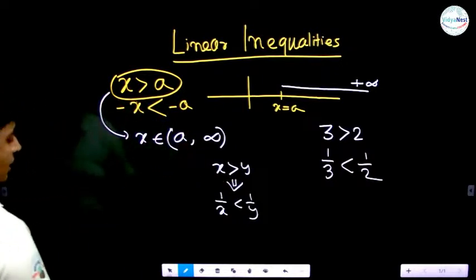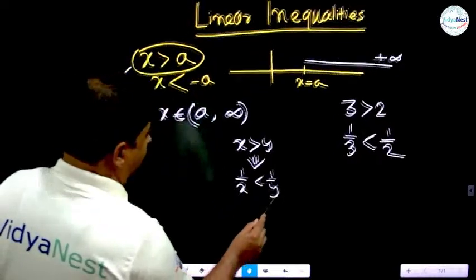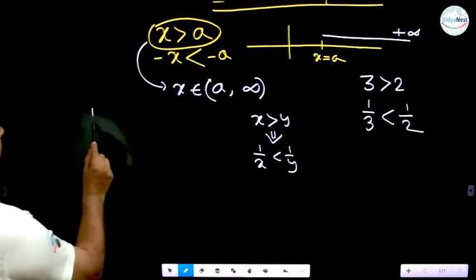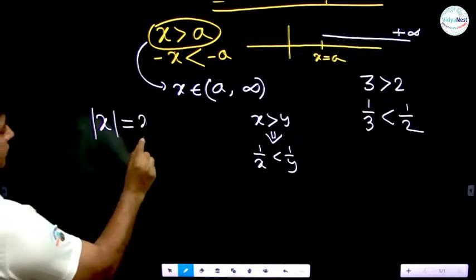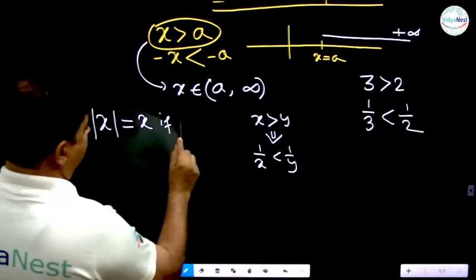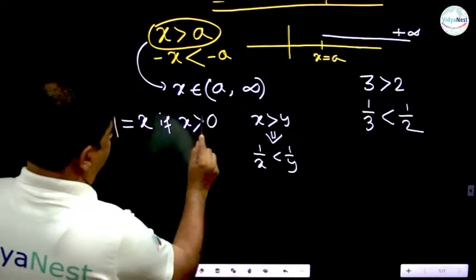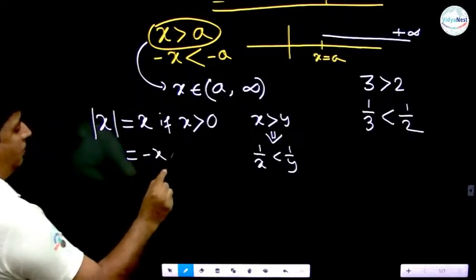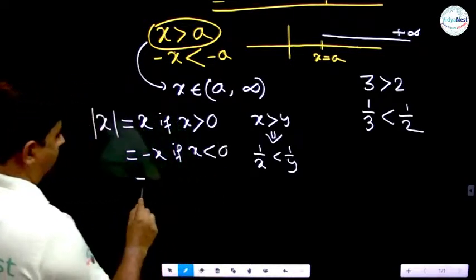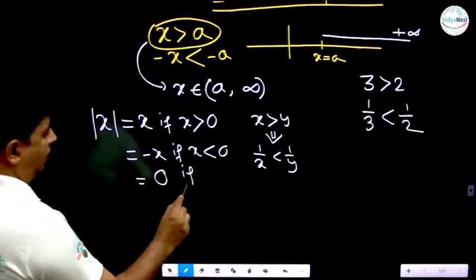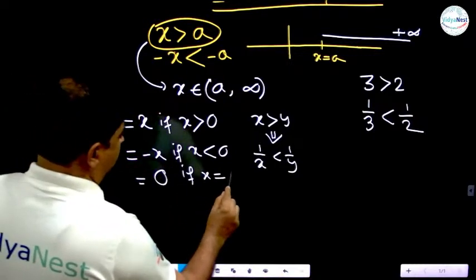Suppose you are quite familiar with the term mod x. What is the definition of mod? Mod x will be x if x is greater than 0. Mod x will be minus x if x is less than 0. Mod x will be 0 if x is equal to 0.